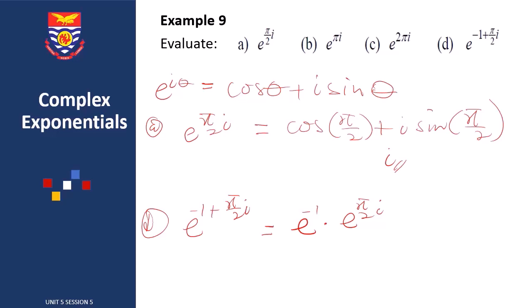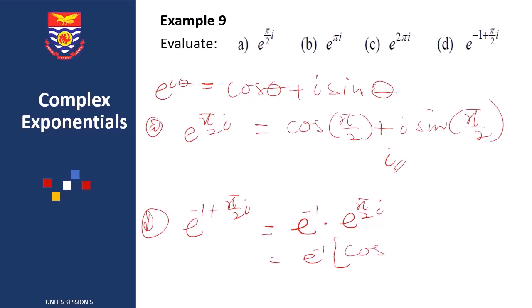By using the law of indices, I can write this as e to the power negative 1, brackets open, then you multiply by Euler's approximation of e to the power pi on 2i. And what do I get?